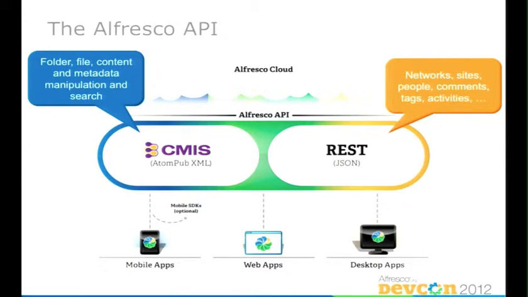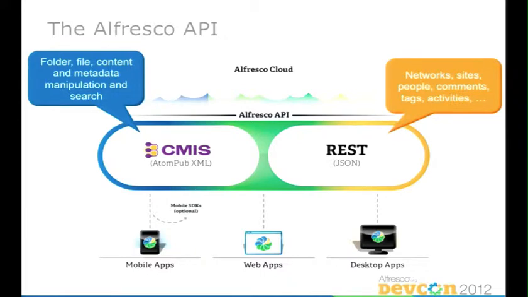In addition, we added these REST APIs, and the REST APIs augment CMIS with things that Alfresco can do that CMIS doesn't touch on. So it's things like looking at cloud networks, which are tenants in technical talk. Those of you who've used multi-tenancy in our cloud offering, we model our networks as tenants. Sites, so Share sites, that again is not a CMIS concept.